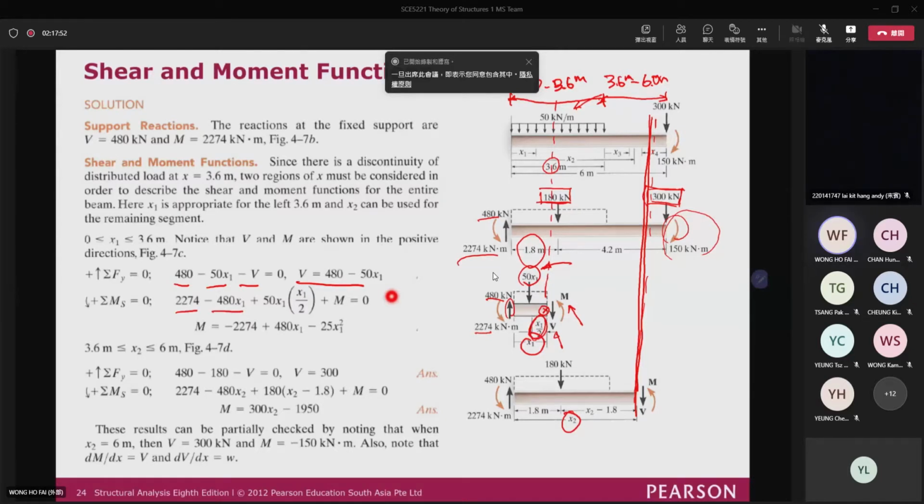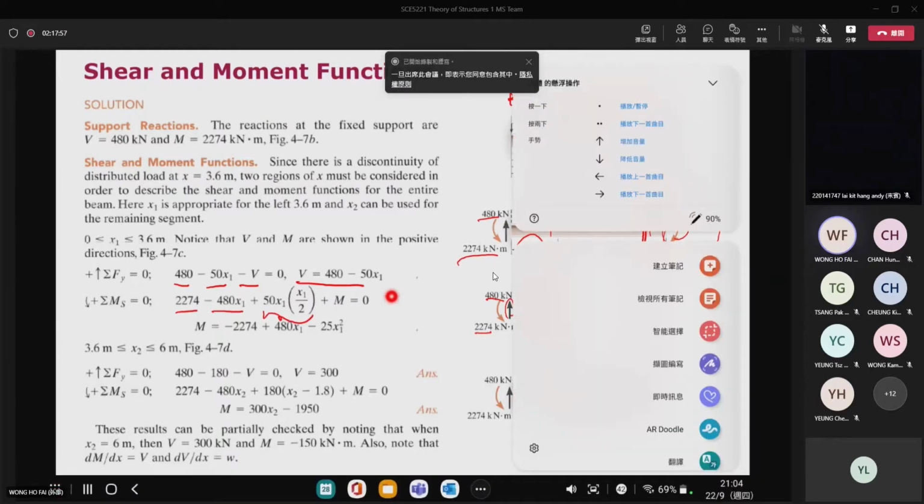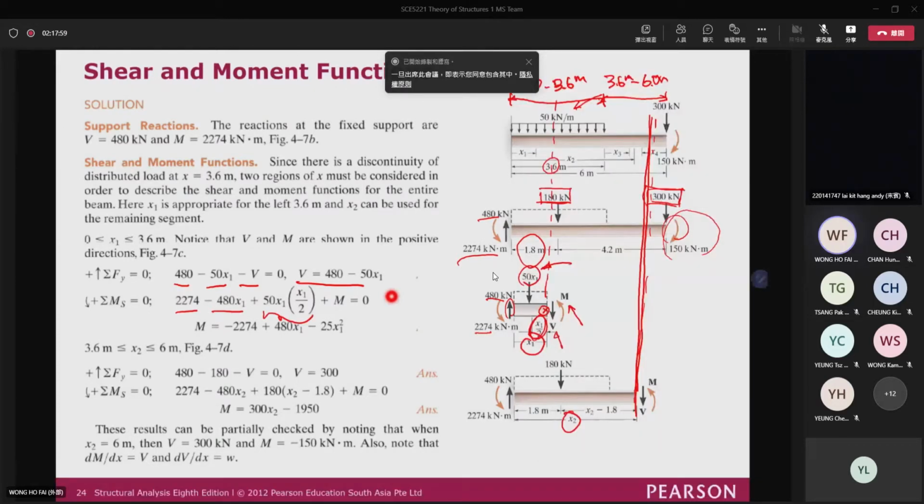It is in counterclockwise sense, so it is a positive value. And then you will have the M here on the right-hand side. So totally, you can see that this is the total moment. And then by rearranging the terms, you can get your moment function like that.